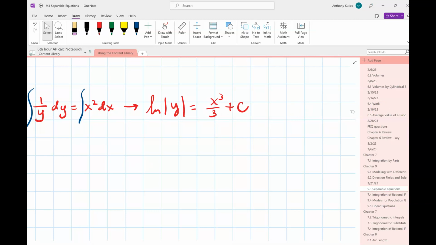Okay, this one should be separable because the y is just in one place. I have just one y, so I should be able to get that by itself. What's the first thing I need to cancel out to get the y by itself? The natural log. How do I cancel the natural log? Exponent base e. Yeah, so we'll do that.